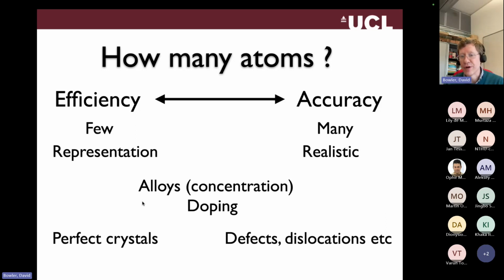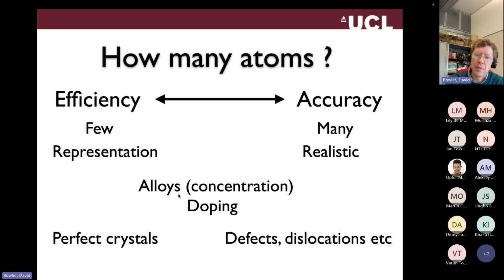That, however, is going to be more expensive than doing a smaller calculation. So we have to ask ourselves the question, how small can we go? What errors will we introduce? And so we have this tension that I've represented here between the efficiency of the calculation, the speed, if you like, and the accuracy of the calculation. Typically efficiency is going to involve few atoms. Accuracy is going to involve many atoms, and then we're also transitioning between the representation of a system, stripping away some of the reality, and a realistic description.